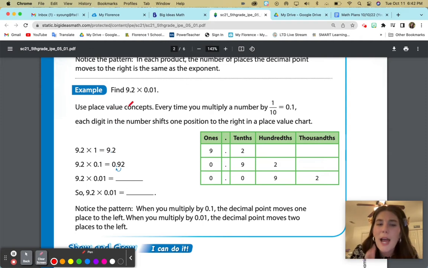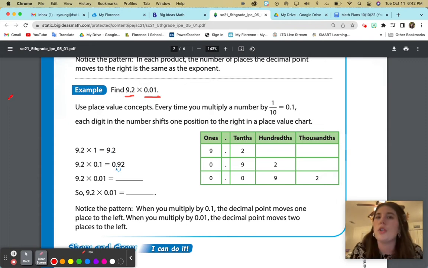I'm multiplying 9 and 2/10 times, what does this one say? Oh, yeah, it's 1/100th. Well, that means I'm multiplying a decimal times a decimal power of 10. So should I get smaller? Absolutely. So look at this. Use place value concepts again.